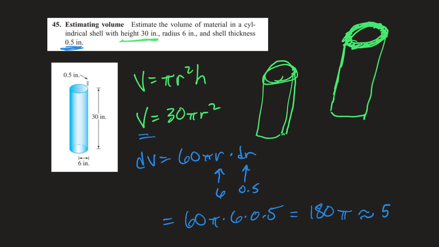Can't even read my own calculator here. And we're talking about cubic inches here. So both of these are measured in cubic inches. And that will be our answer for this one.